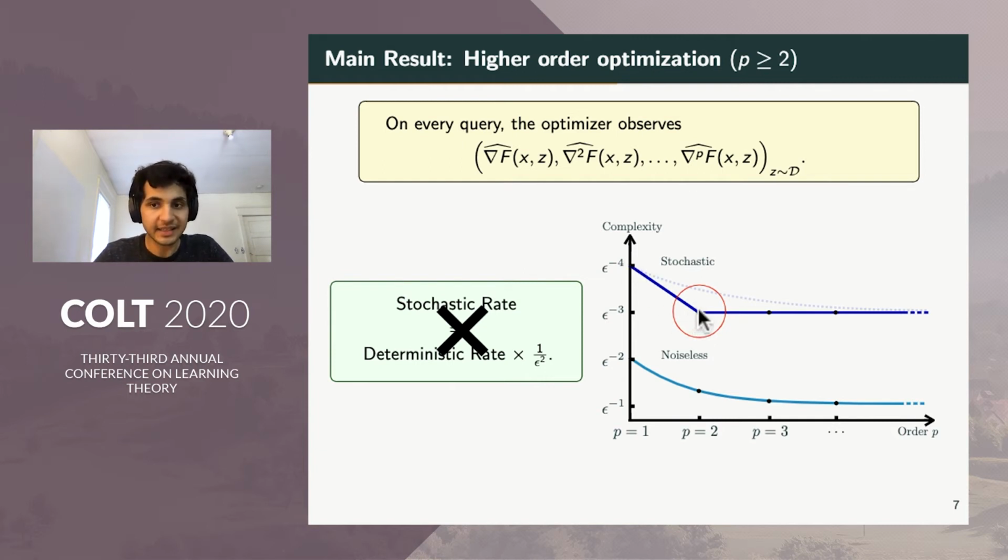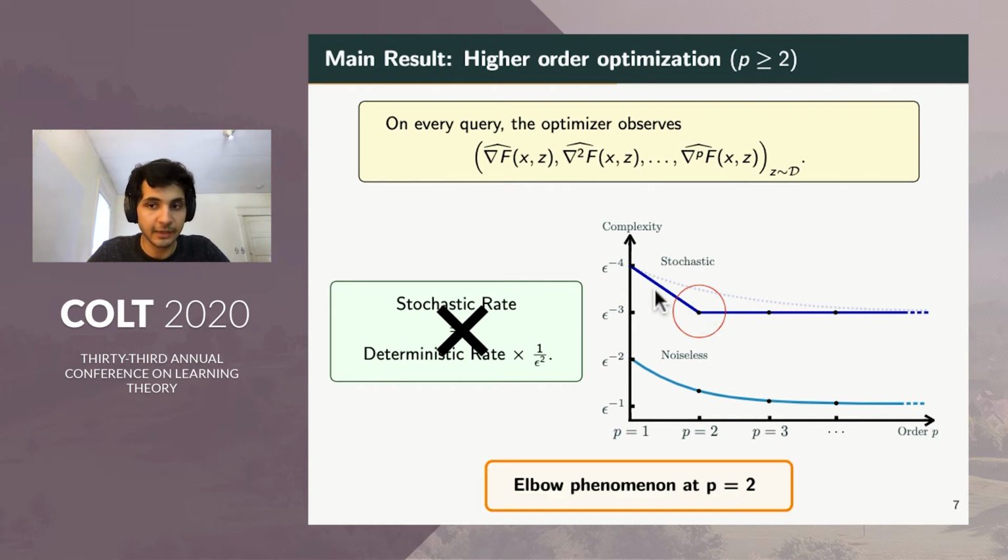But to our surprise, higher order information beyond the second order does not provide any additional benefit for finding stationary points. This suggests what we call an elbow phenomenon at p equal to 2 and implies that the conjecture that the stochastic complexity is equal to the deterministic complexity times sigma square by epsilon square is not true.